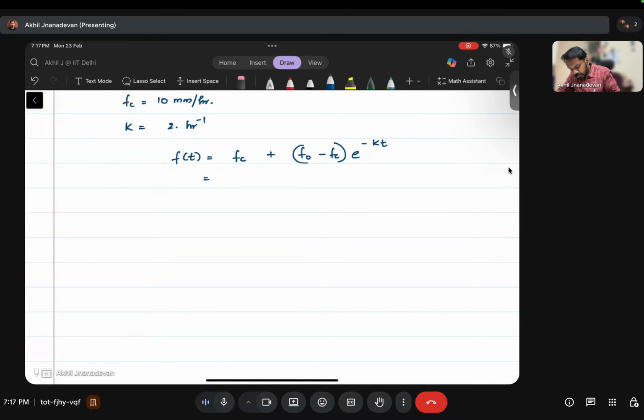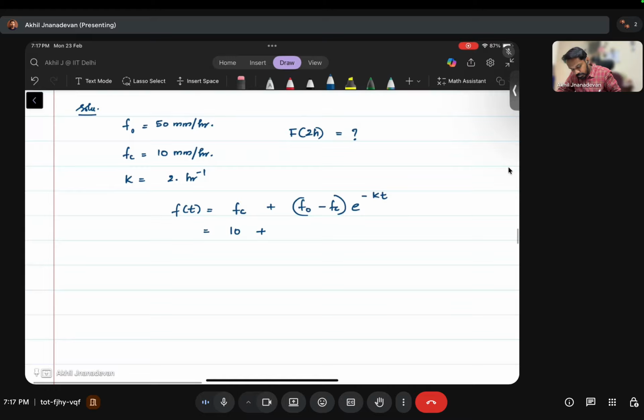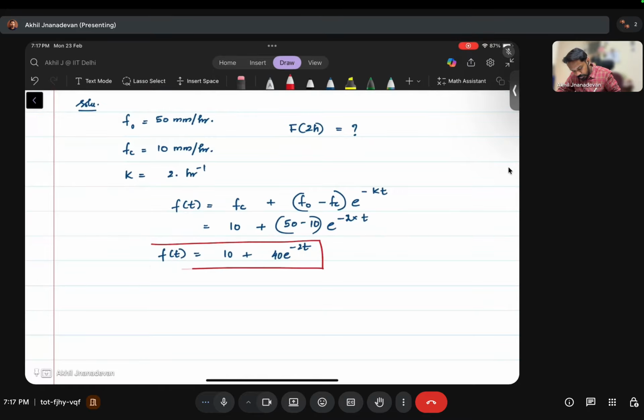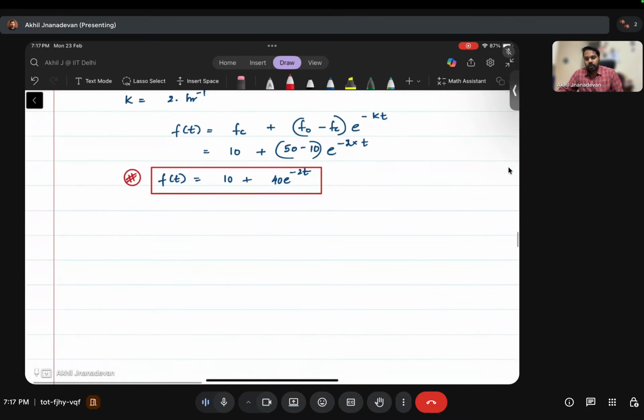So Fc is 10, F naught is 50, minus 10, into e raised to minus 2t. This simplifies to 10 plus 40 e raised to minus 2t. This is f of t, Horton's equation for the infiltration rate.